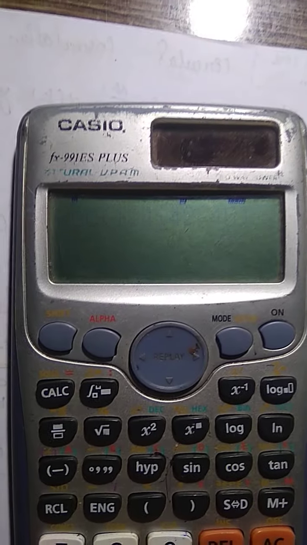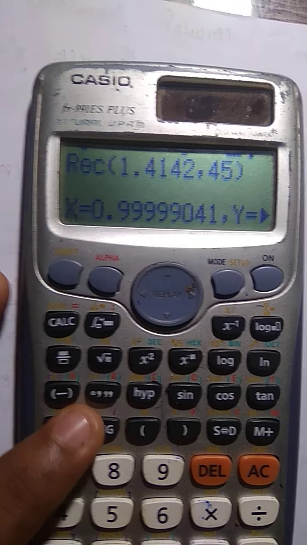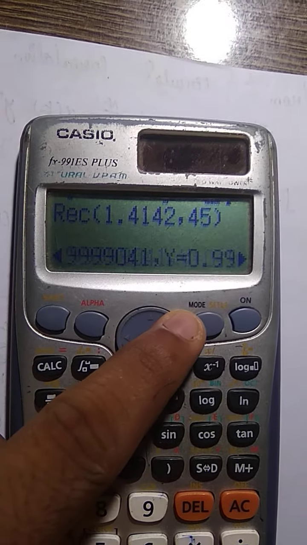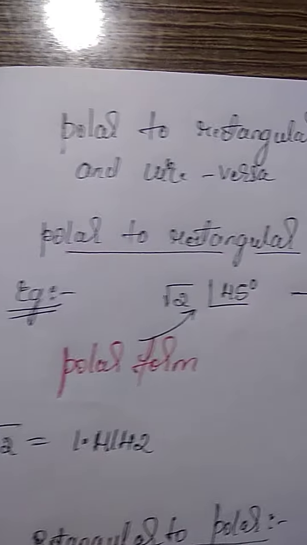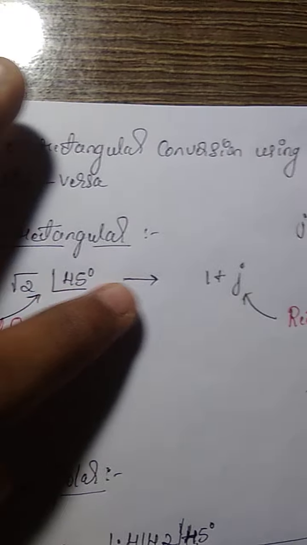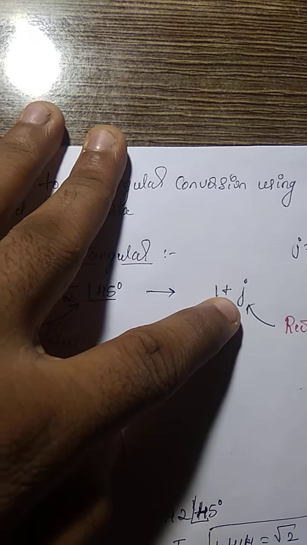You can see the degree mode, and you got x as 0.99 and y as 0.99, which is nearly equal to 1 comma 1. So this can be written as root 2 angle 45 degrees in polar, and in rectangular form 1 plus j.